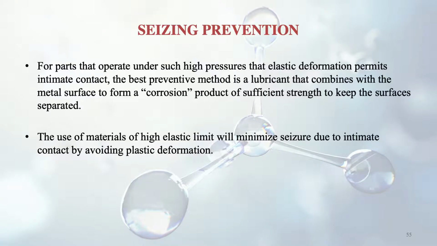The use of materials of high elastic limit will also minimize seizure. Why? Because the intimate contact is avoided, since plastic deformation is not there. So that's why high elastic limit is better.